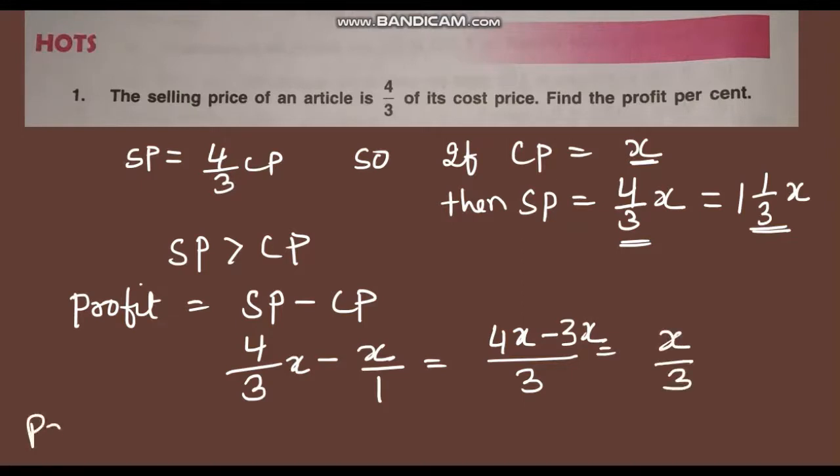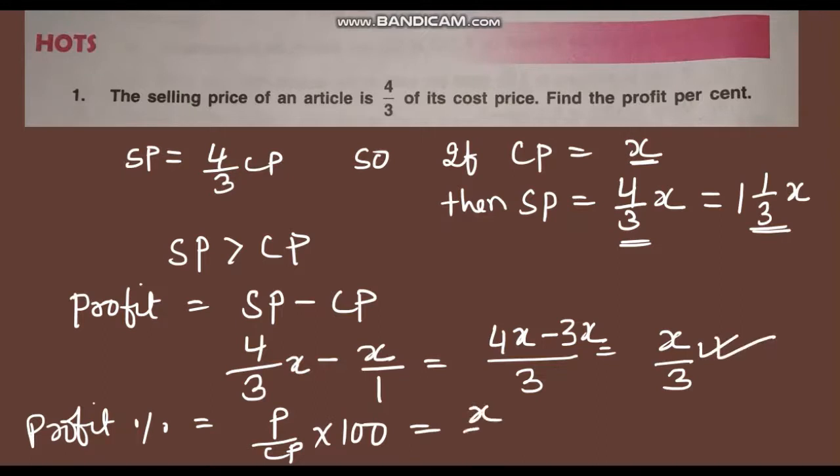Now profit percent will be equal to profit by CP multiplied by 100. So that will be, what is your profit here? It is x by 3. So x by 3 divided by x, because CP is equal to x, and this multiplied by 100.